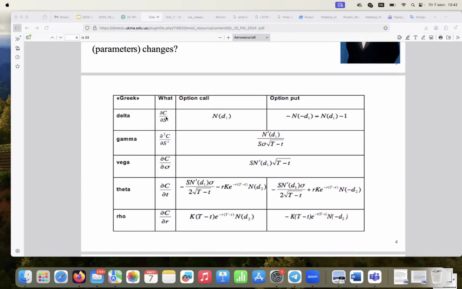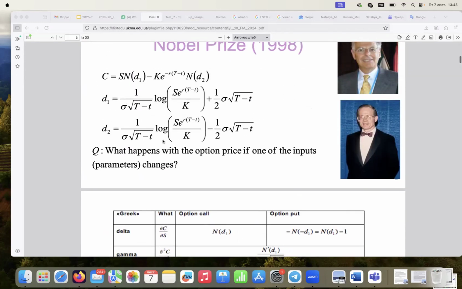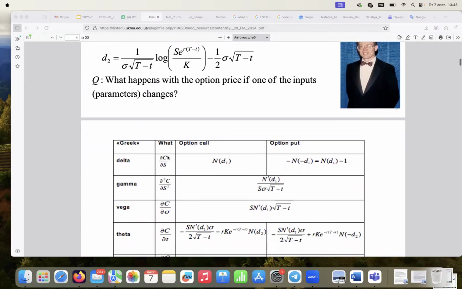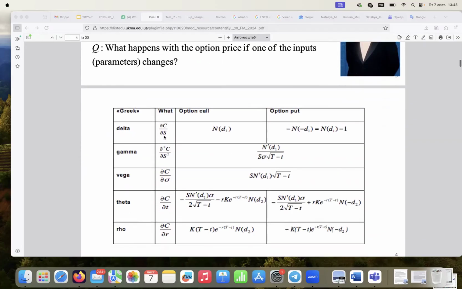dC with respect to dS. It is the change in C. What is C? It is the option price. We would like to know what happens with the option price if we change the current stock price, the price now.